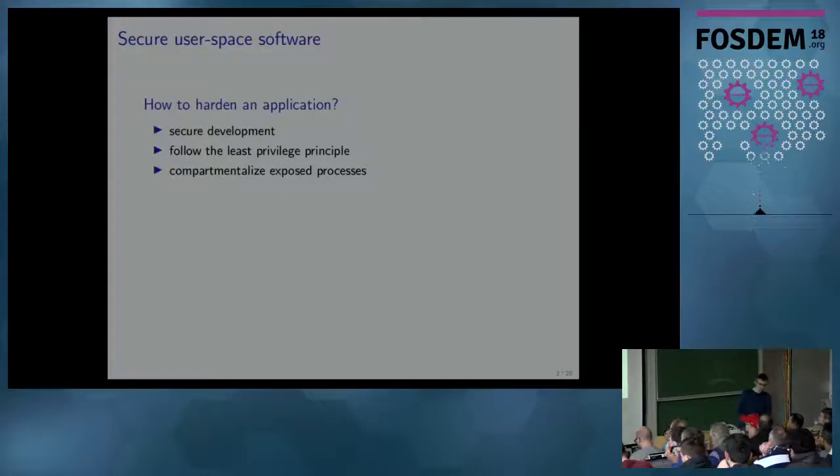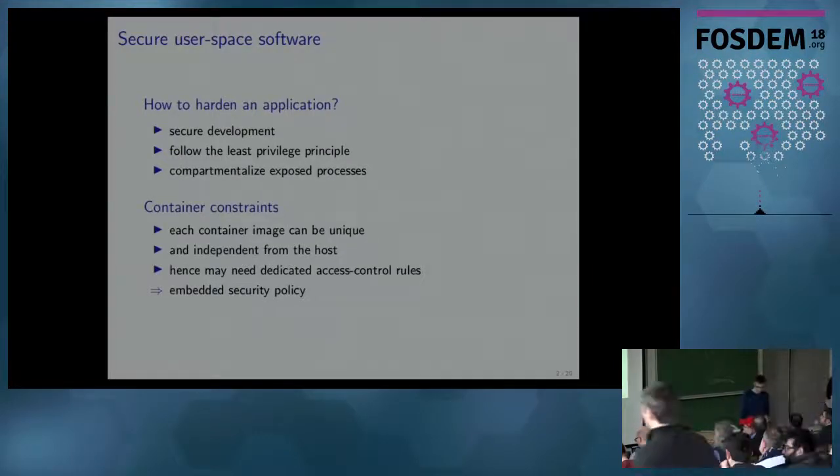However, you may want to follow the least privilege principle, which means to only give the rights to the set of processes which only need these rights for the common, legitimate actions. And then you may use some compartmentalization techniques, like, for example, containers, or only using dedicated users for services.